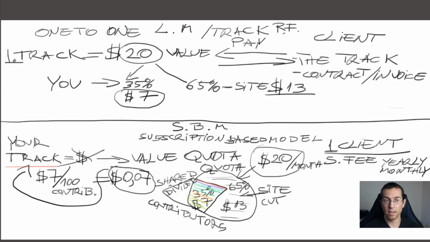We can say that the value of your track that month, for that client, was $0.07. So in this example, in order to make some dollars, you need this track to be downloaded at least 1,000 times.